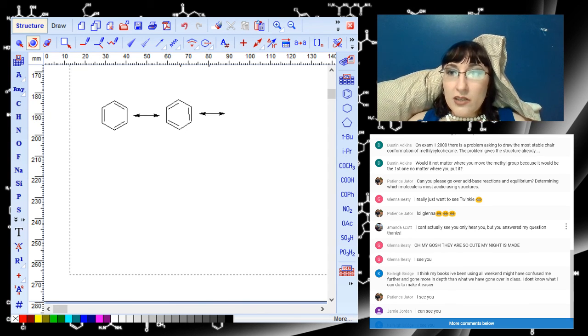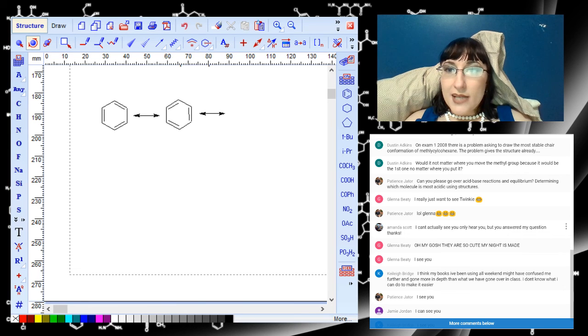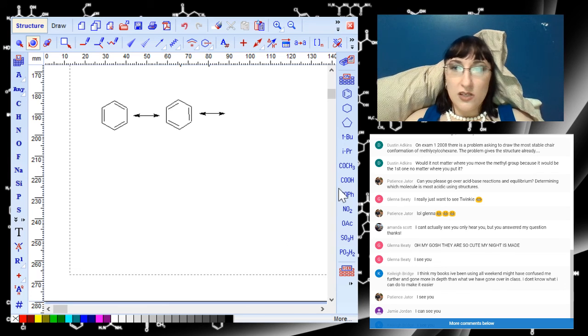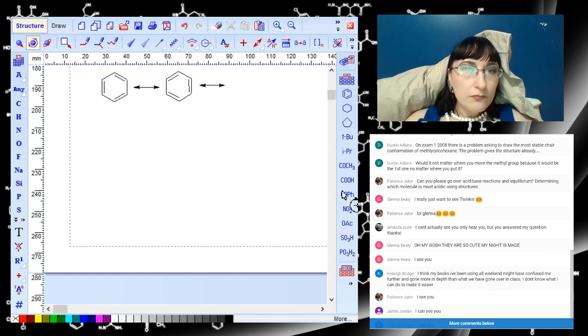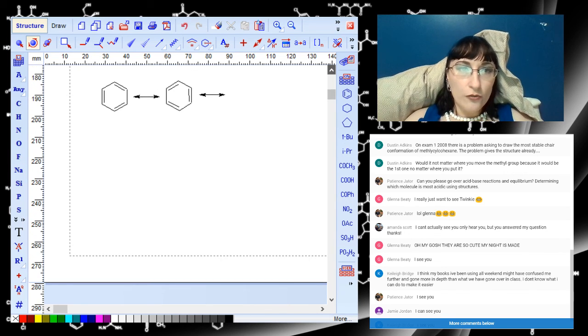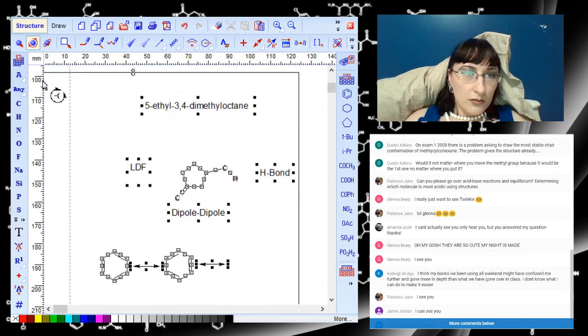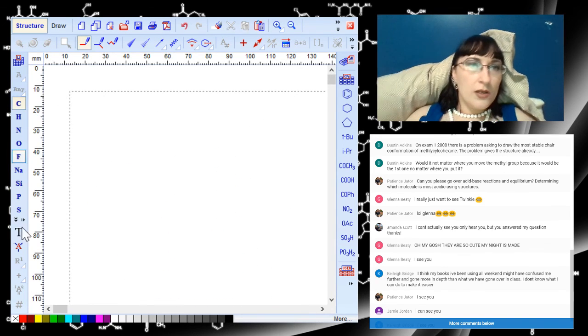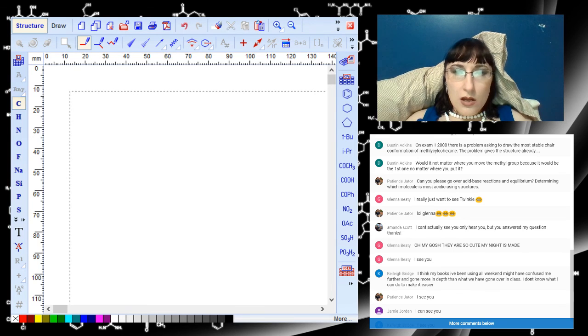Okay, next. Can you please go over acid-base reactions and equilibrium, determining which molecule is most acidic using structures? Okay, so I'm kind of running out of room. Okay, determining which molecule.